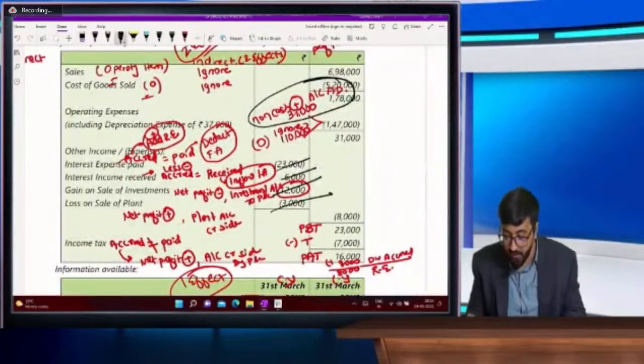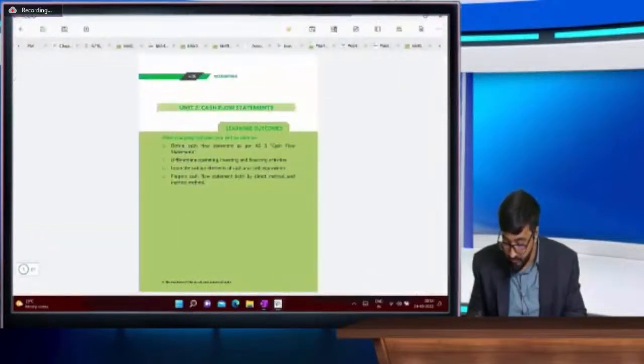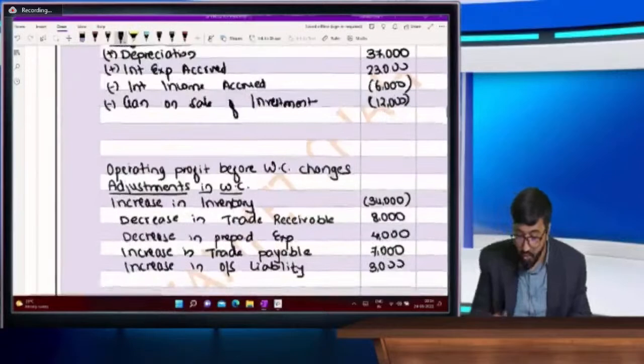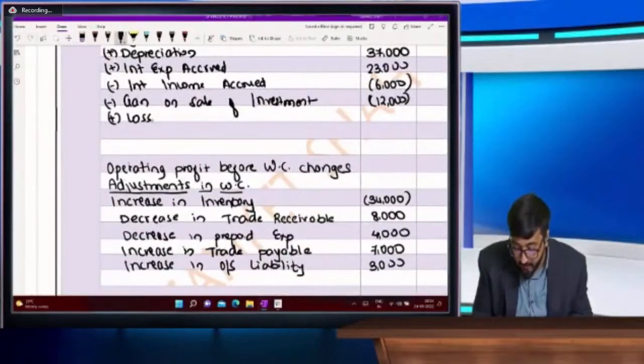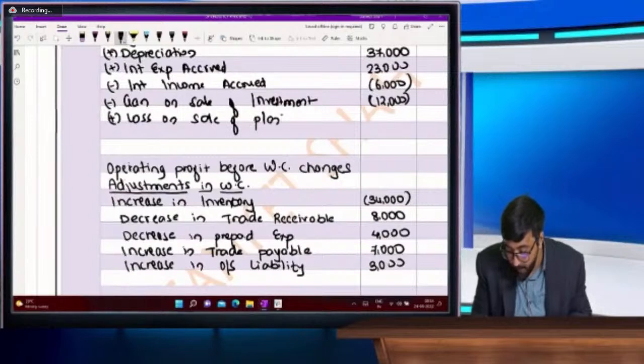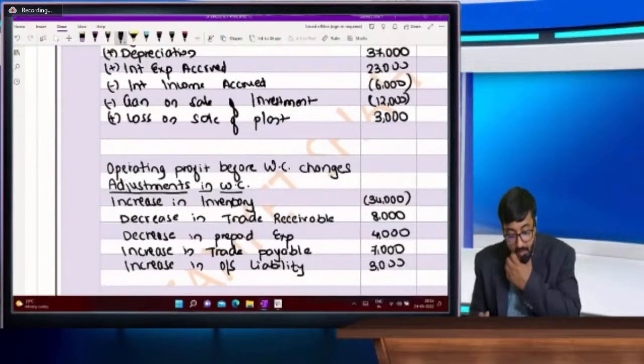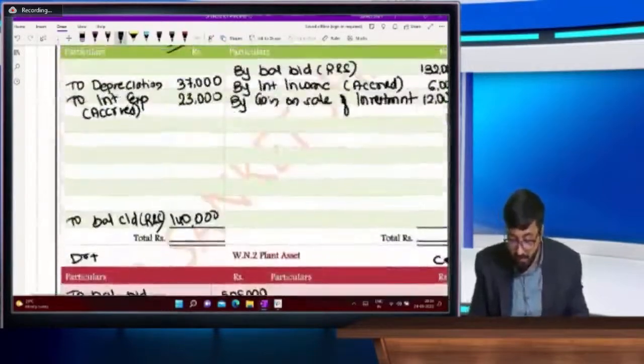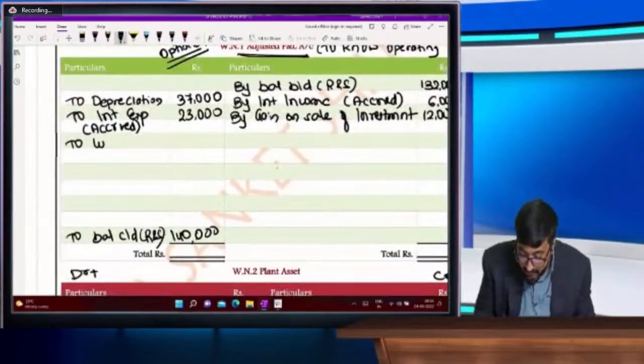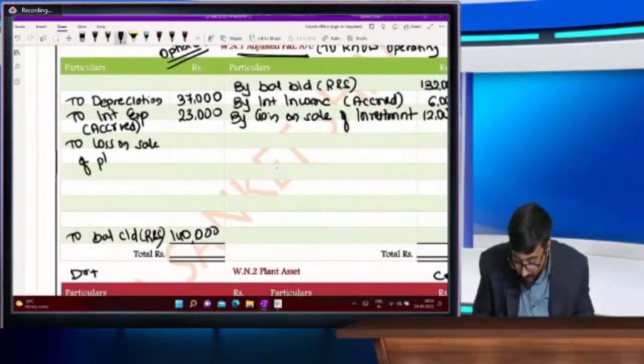12,000. Now 3,000. You can add here loss on sale of plant. You can add it. 3,000. And where to give effect? Debit credit: loss on sale of plant 3,000.